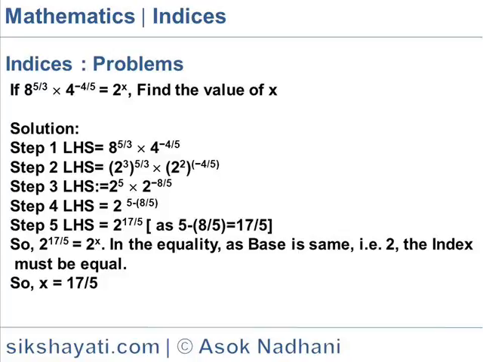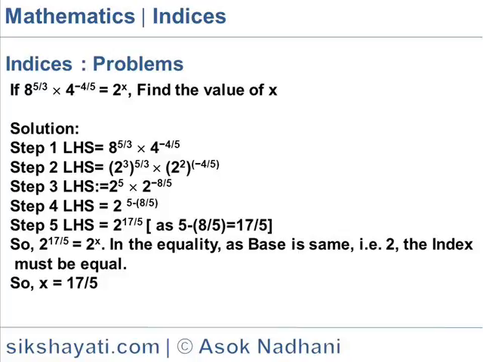That gives you 5 minus 8 by 5. So the value of the left hand side becomes 2 to the power 17 by 5, because the value of 5 minus 8 by 5 is equal to 17 by 5. So you get the value 2 to the power 17 by 5.